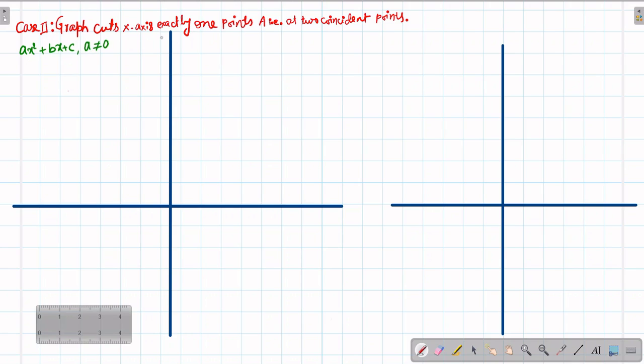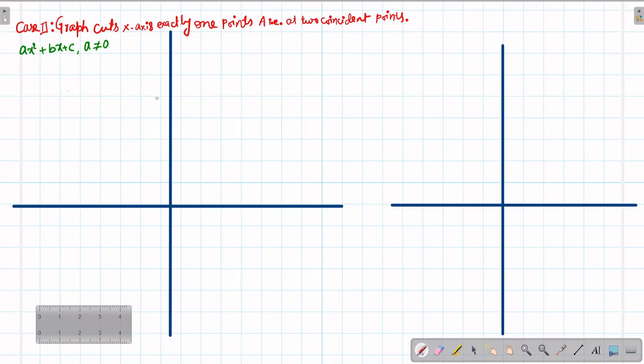So the graph cuts the x-axis at exactly 1 point. This may happen when both zeros of this polynomial become equal, meaning 2 points are coinciding or overlapping. Then in that case you will find only 1 point intersecting at the x-axis.